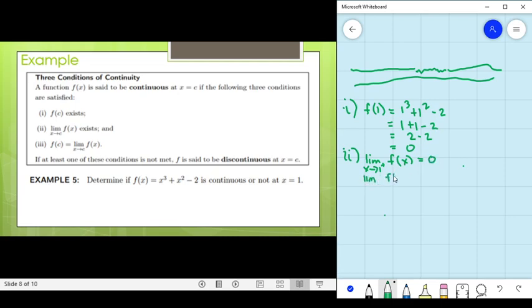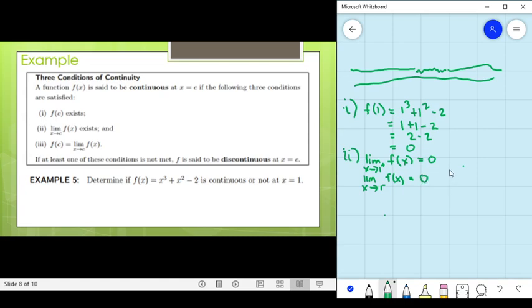And the limit of f of x as x approaches 1 from the left: we start at x equals 0, then go to 0.5, to 0.999, getting closer and closer to x equals 1, and the value is 0 also.